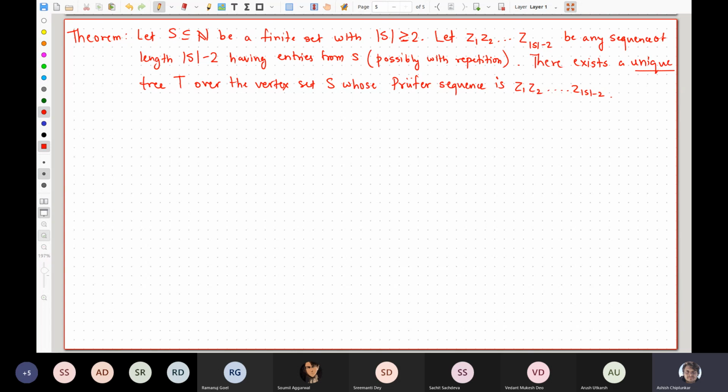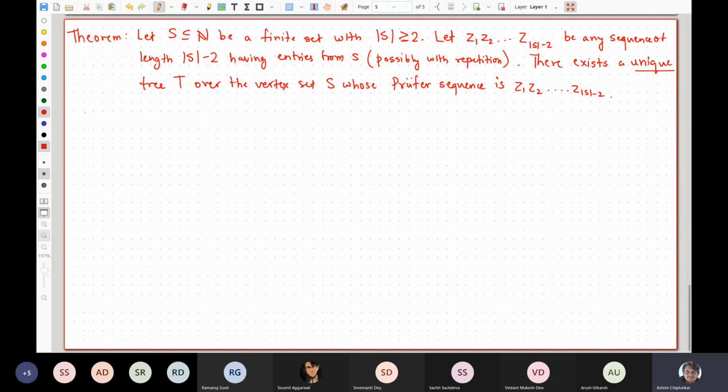Right, so suppose we prove this theorem, what does this tell us? This tells us that the function which maps a tree to its Prüfer sequence is a bijection, and therefore counting the number of trees is the same as counting the number of Prüfer sequences. Every sequence of length size of S minus 2 is the Prüfer sequence of exactly one tree, and the number of Prüfer sequences is obviously size of S to the power size of S minus 2.